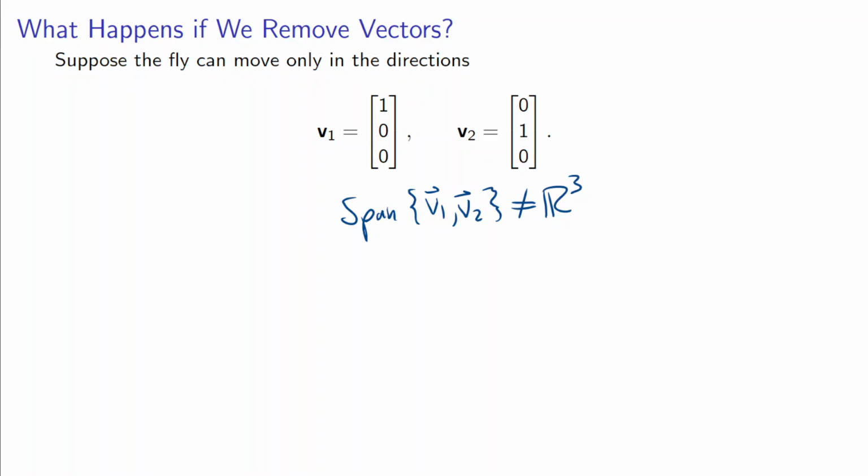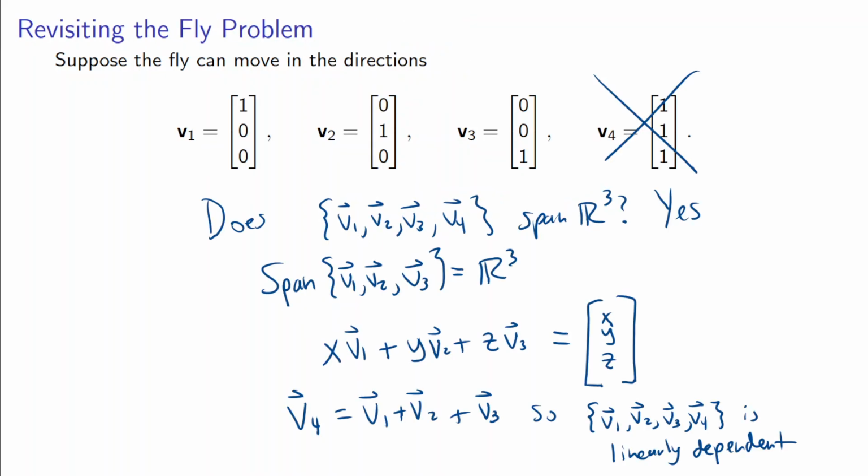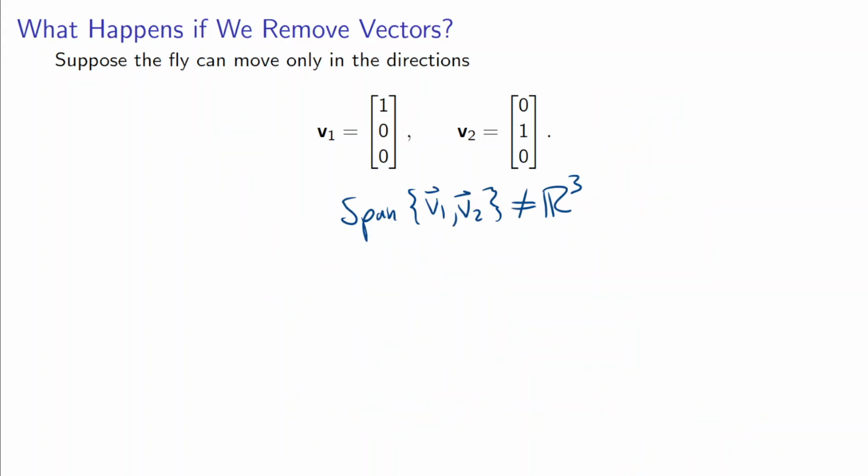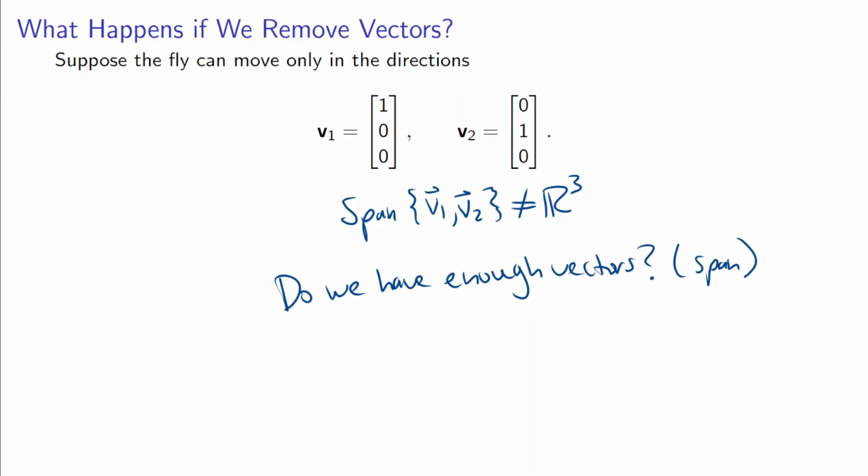So we're asking questions of, can we get to every point? Do the vectors we have span all of whatever space, in this case R3? And are we doing it in the most efficient way? Do we have too many vectors? The question of whether we have enough vectors is a question of whether the vectors we have span the space we're interested in.